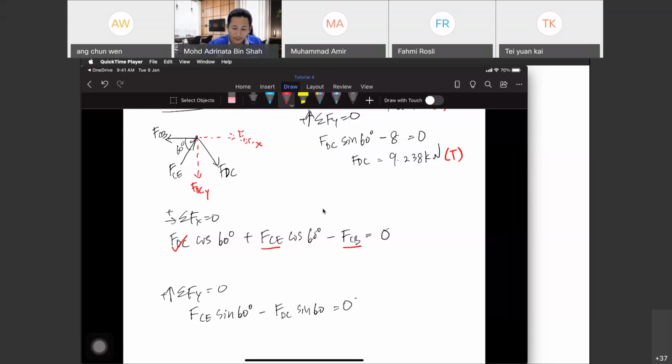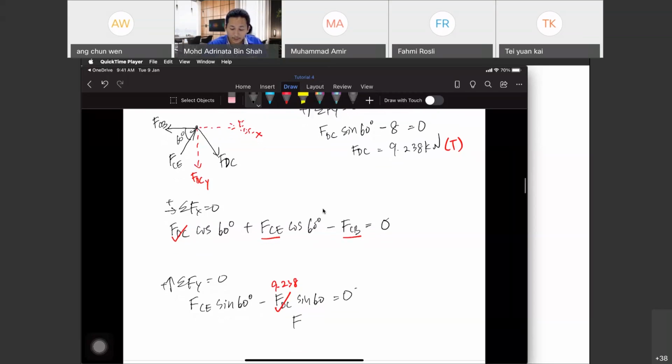So we have calculated our FDC, which is 9.238 kilonewton, and we can solve our FCE. So FCE is equals to 9.238 kilonewton.